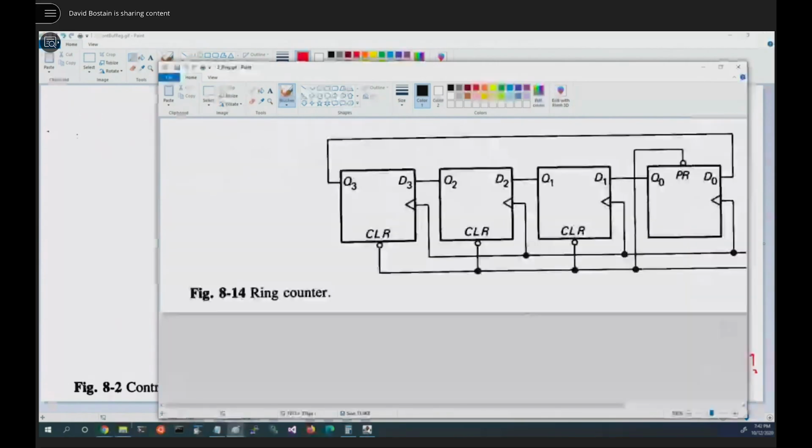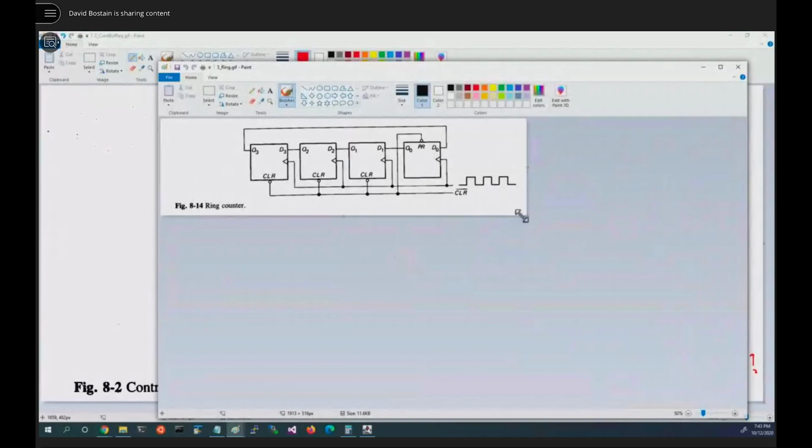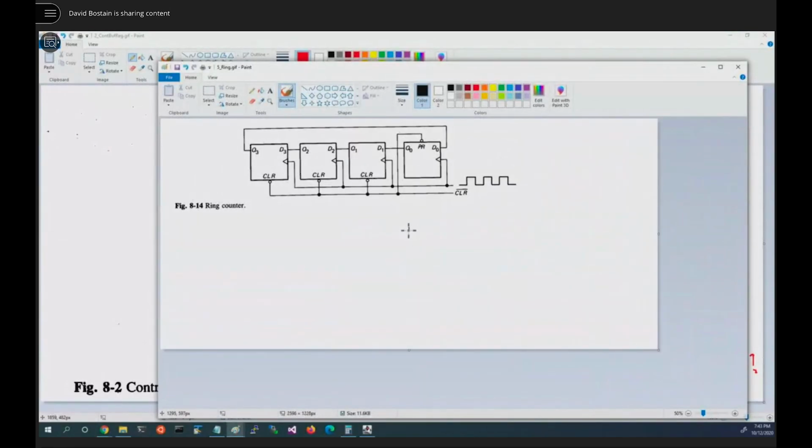How about this guy? A ring counter. Now this doesn't do 5. This does 4. The way he counts is, assume he has 0001 inside of him. When he receives a clock, he's going to do what I just said. He's going to pass that signal 1 position to the left.